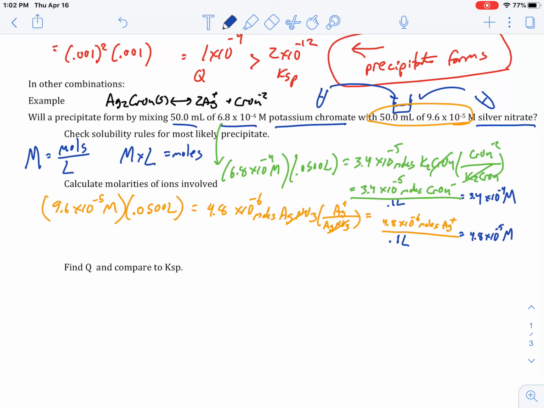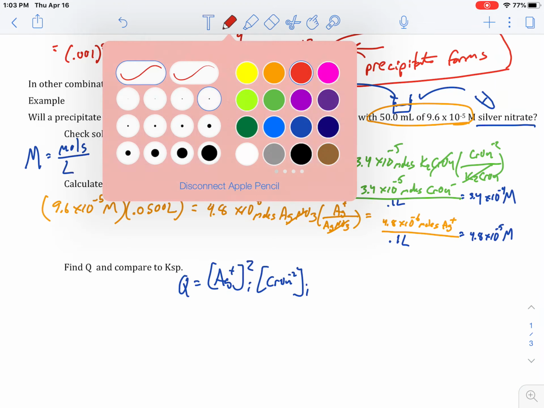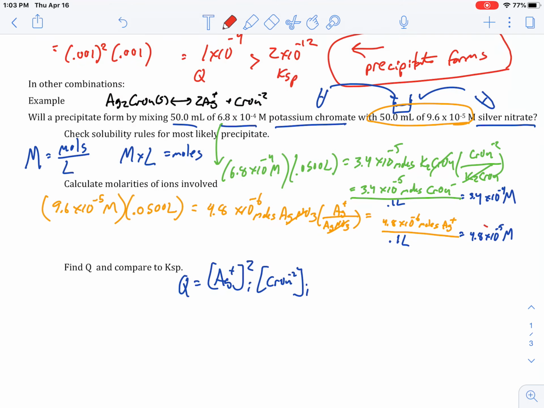And now we solve for Q. Q is the silver concentration squared times the chromate concentration. We have both of these values. We plug them in and we solve. So let's see what we get.